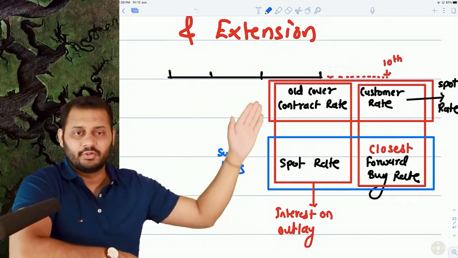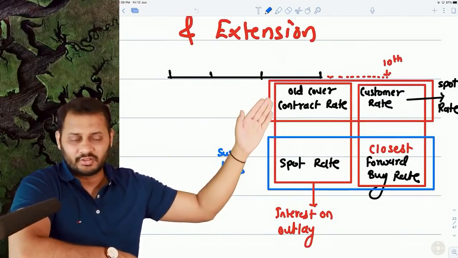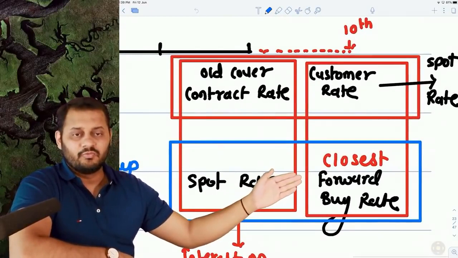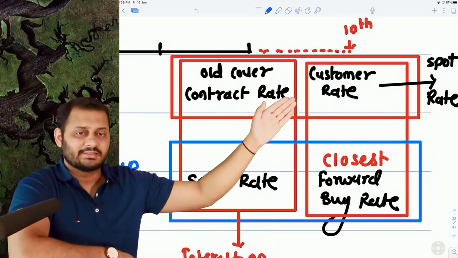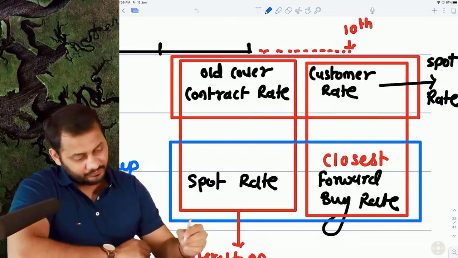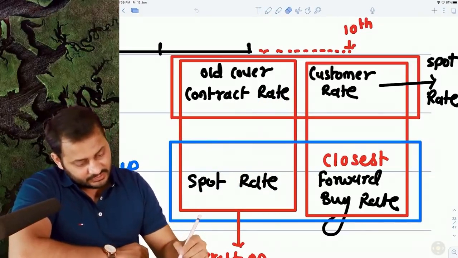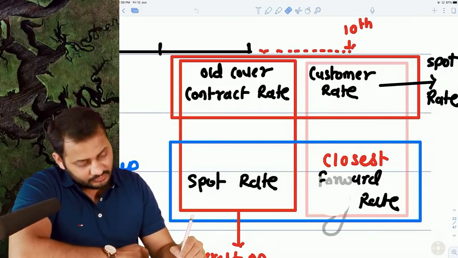Spot rate, which was used to cancel the cover contract, and a new forward buy rate, which was used to cancel the customer contract. Instead of buying, we will say forward rate only.